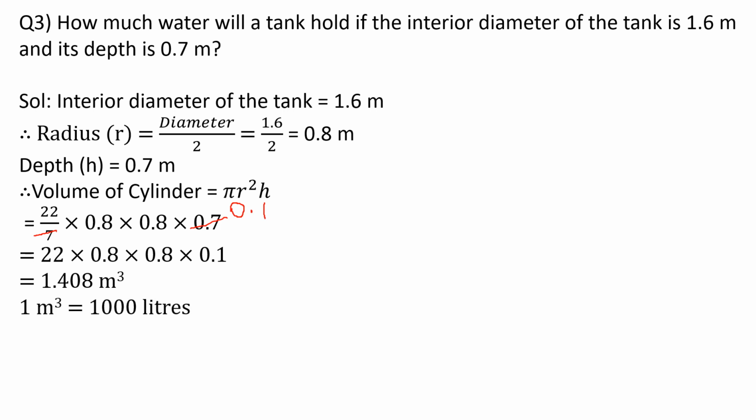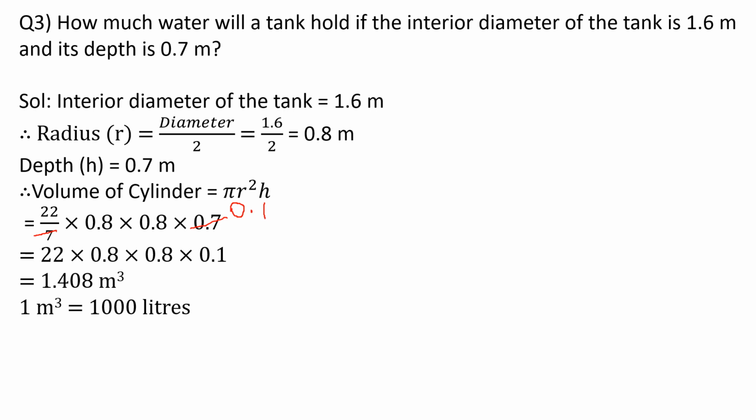So now you need to find how much water the tank will hold. So in liters you have to find. In the previous lecture also I explained to you that 1 meter cube is equal to 1000 liters. Here we have found out the volume. So 1 meter cube equal to 1000 liters.